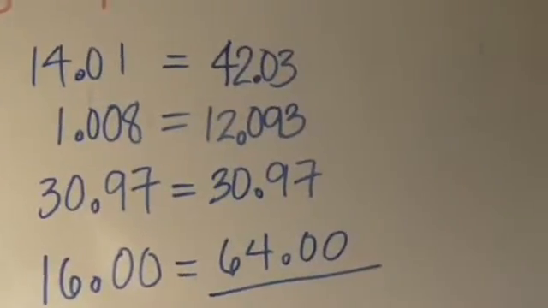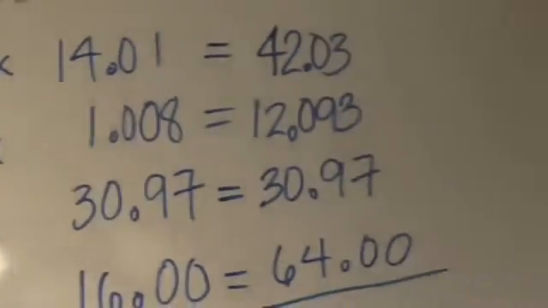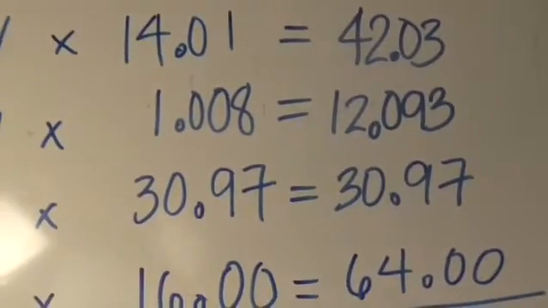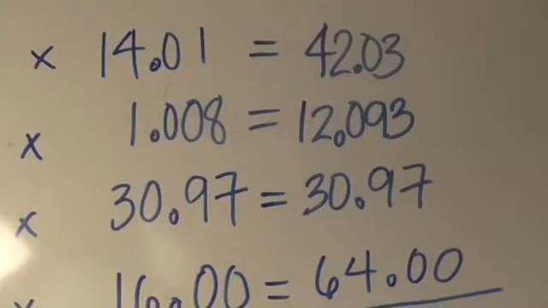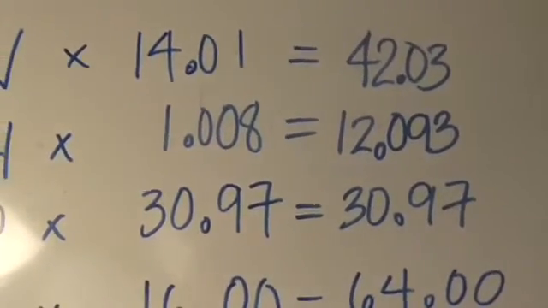And so we're going to add all of those numbers up, and we wind up with 42.03 plus 12.093 plus 30.97 plus 64.